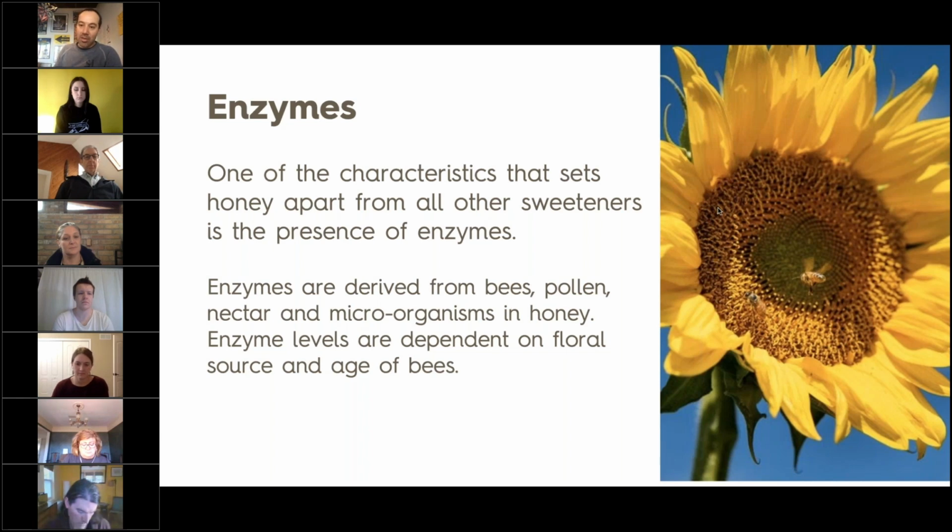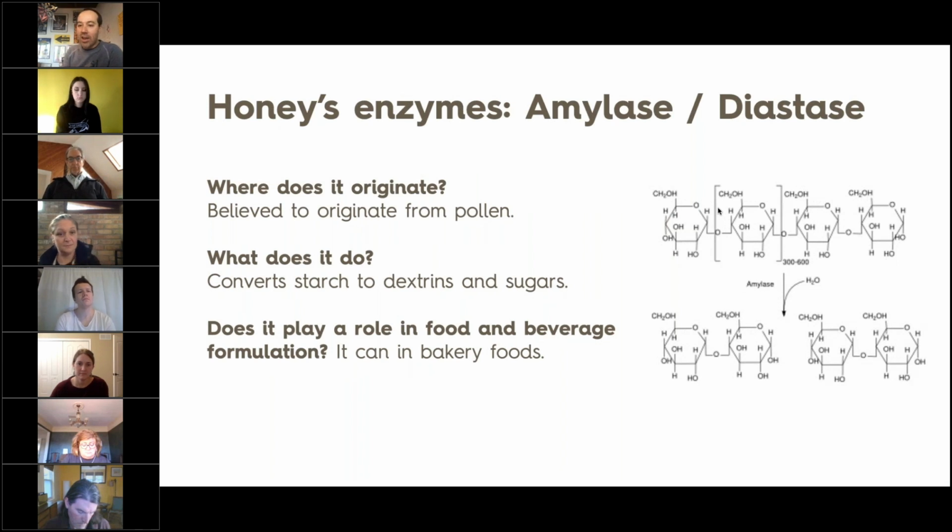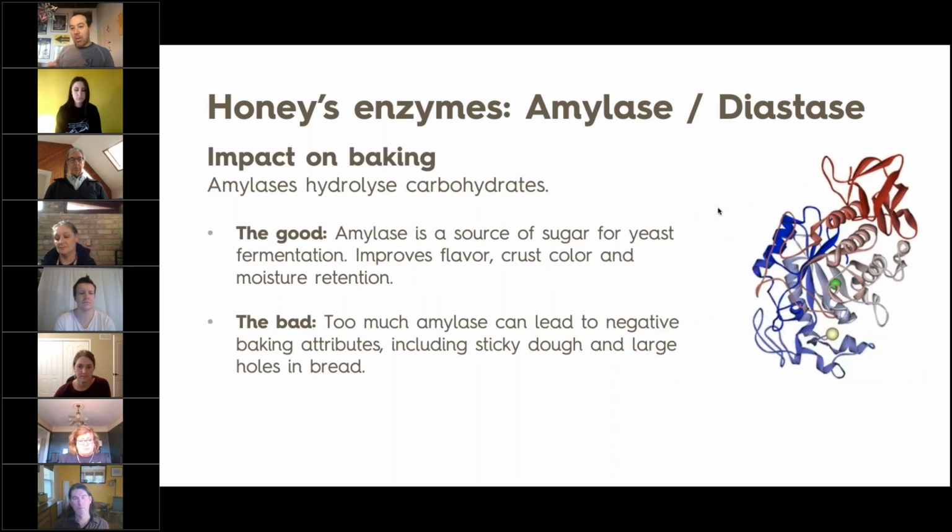There's 4 different types of enzymes in honey, but really the one that you have to think about whenever you use honey is amylase or diastase. This is an enzyme that's found in pollen, and what it does is it basically converts starches to dextrins and sugars.